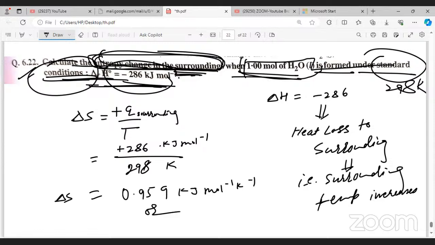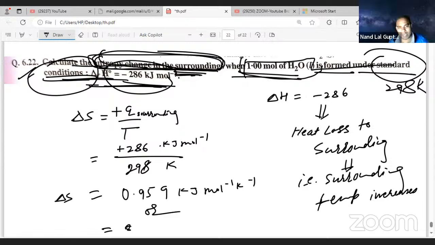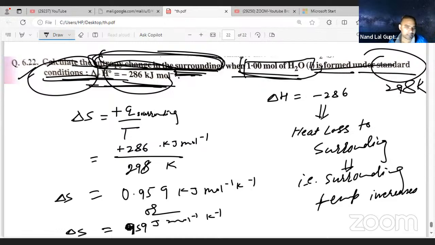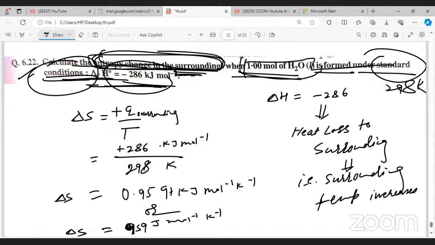Or in joule, you calculate 959.73 joule Kelvin inverse. That is correct. Sir, here the unit of delta S will be joule Kelvin inverse; mole inverse will not be there.